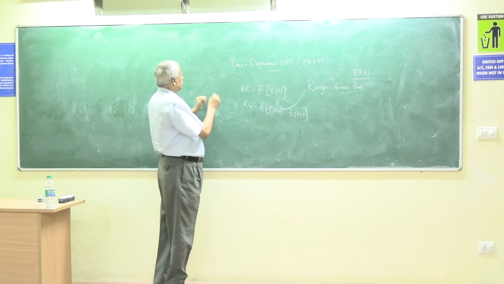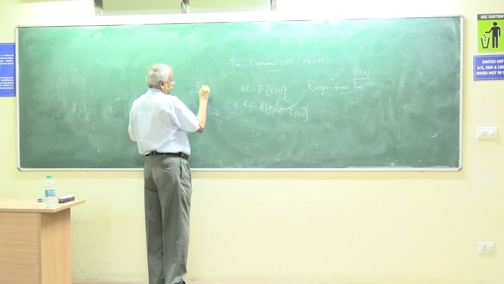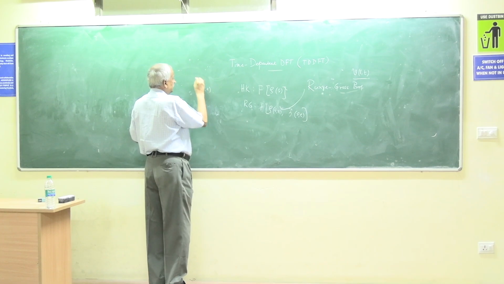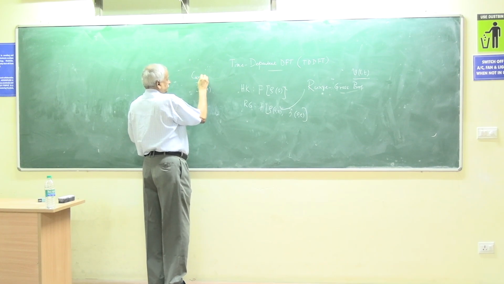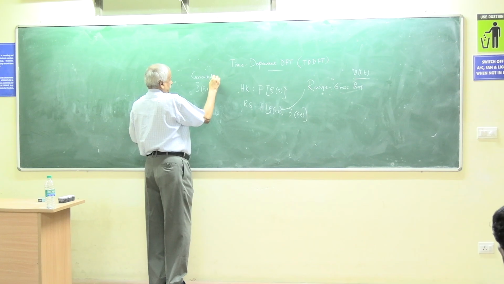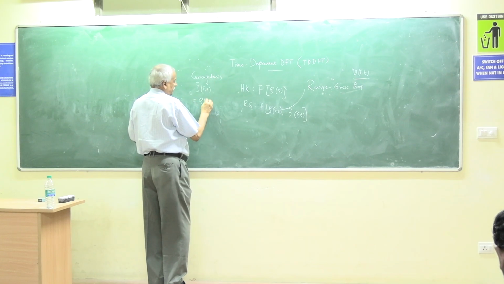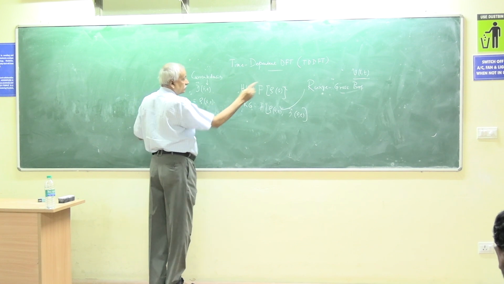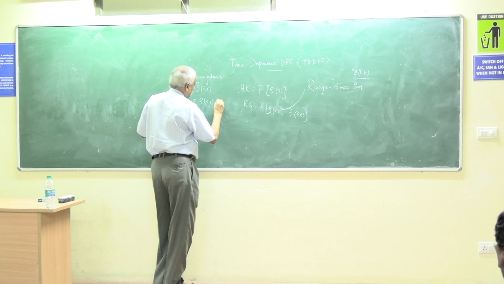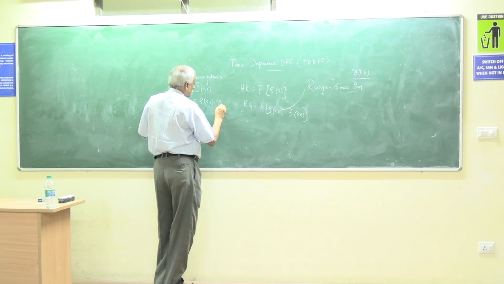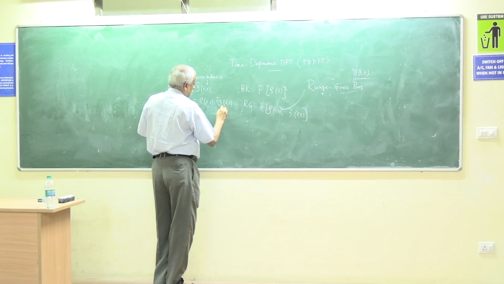So the current density j(r,t) is the same as rho(r,t) times, it is not the external potential I am talking about, so I will write it with some v tilde. This is what is called velocity.